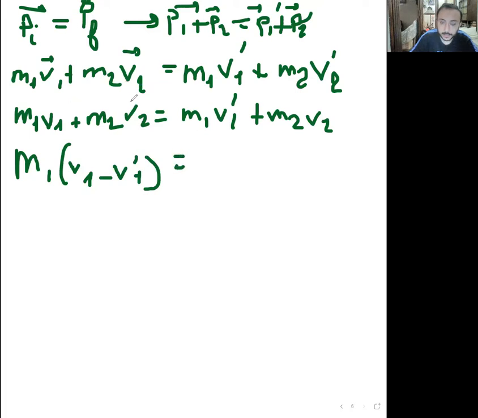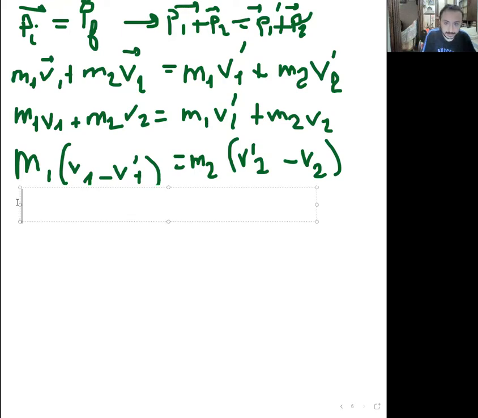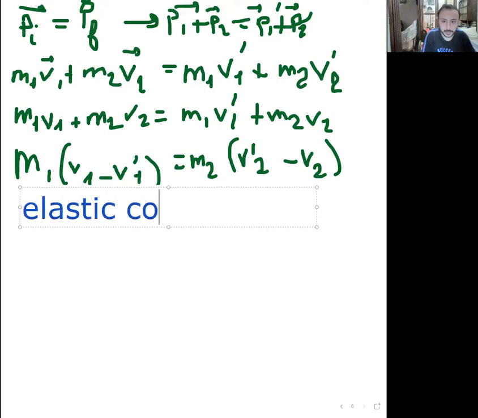And I will bring this here. So it will be m2 factor of v prime 2 minus v2. Also, since the collision is an elastic collision, we can say that 1 over 2.